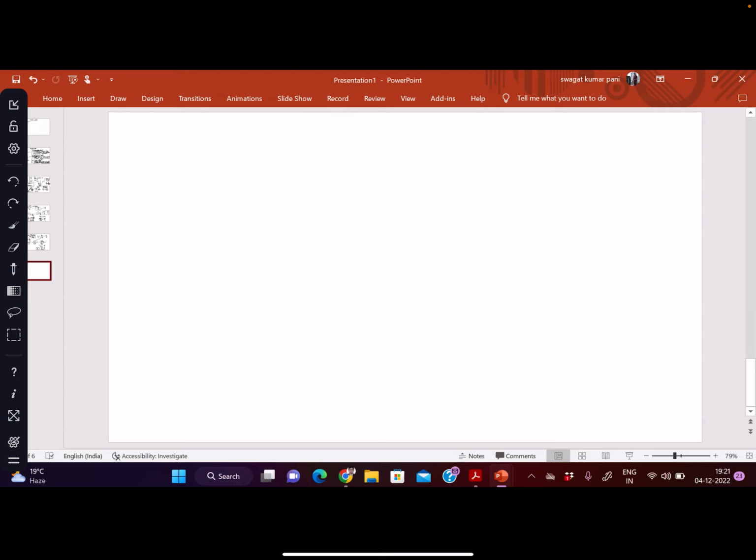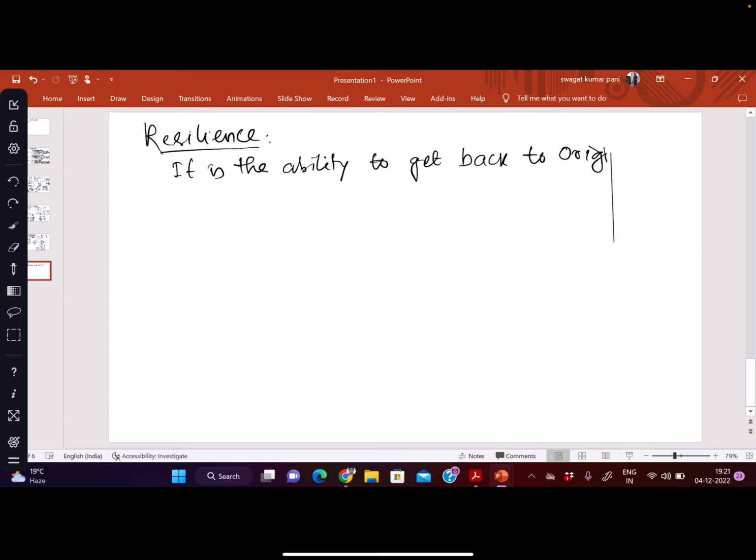Okay, so now we'll go to what is resilience. I've told these things before in this class. It is the ability to get back to the original shape after elastic deformation.